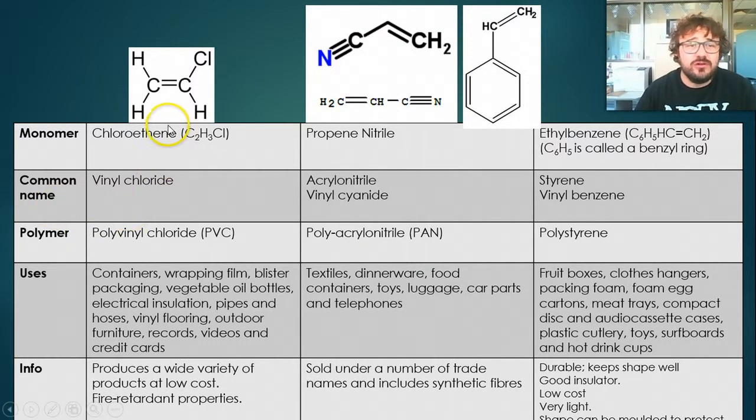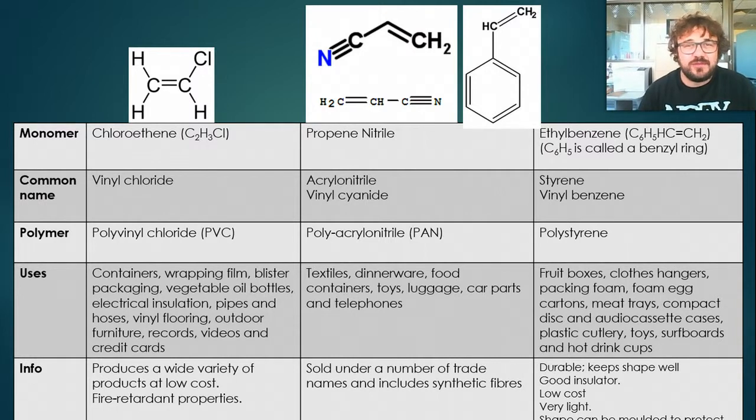So we've got chloroethene as the monomer. Now this is a very simple monomer here. The common name for it is vinyl chloride. The polymer is called polyvinyl chloride. See, they're all poly. And we use it for containers, wrapping, blister packaging.